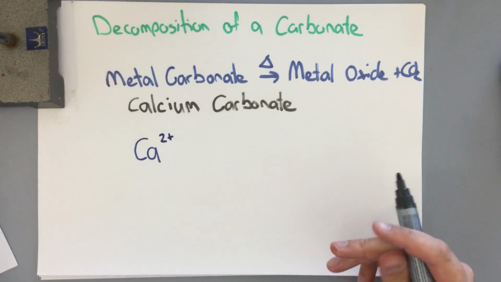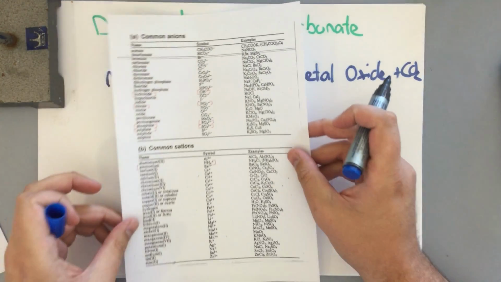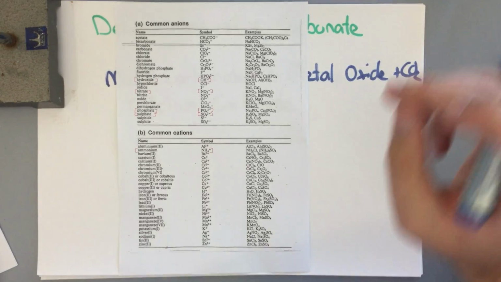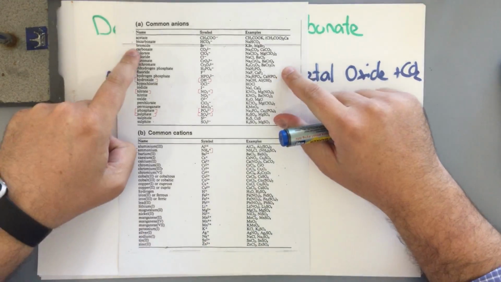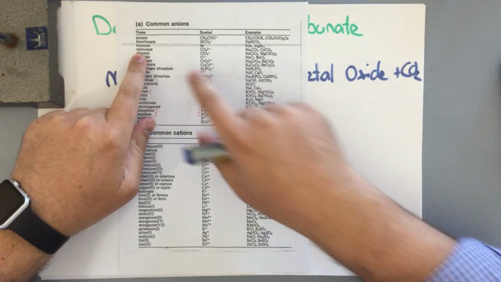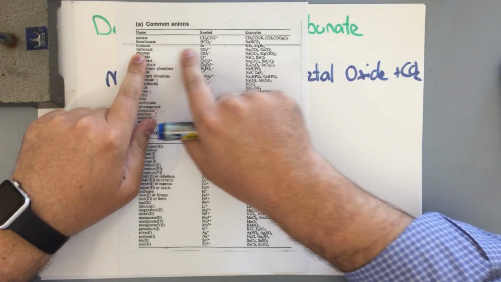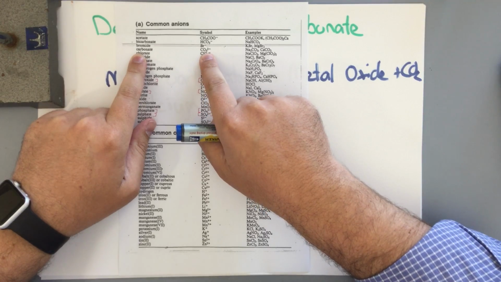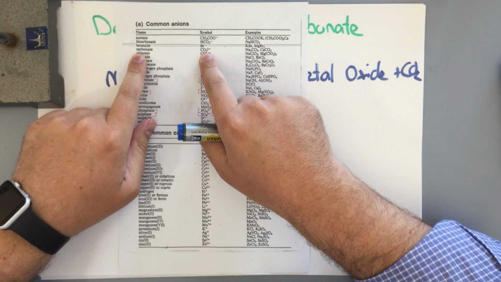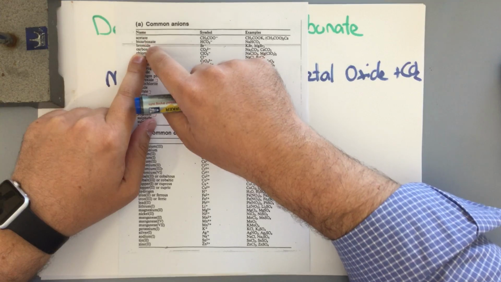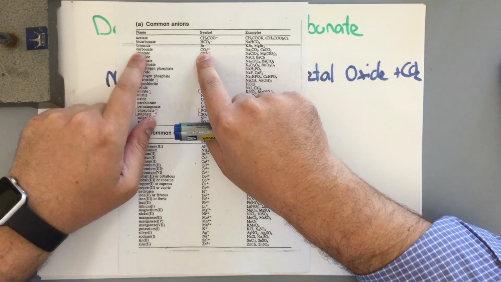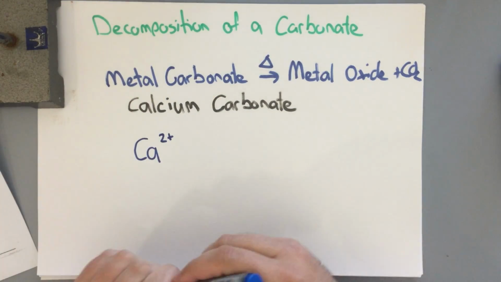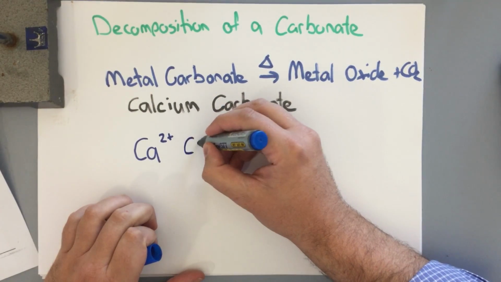Now to work out carbonate, we need to go to our common anions and common cations sheet. And we need to find carbonate, which is CO3, and it has a valency of 2-. So 1, 2, 3, 4 from the top, CO3, 2-.